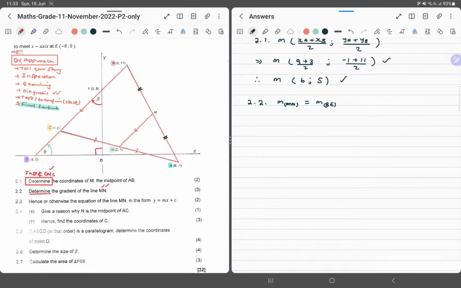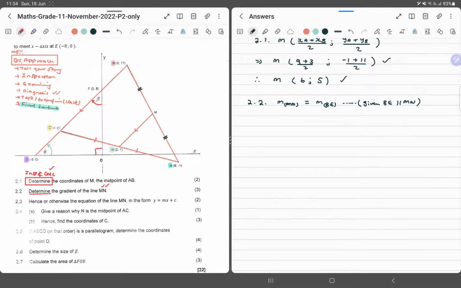Why is that? Always remember, this is geometry. In fact, this is maths. We need to find every possible reason. We know that it is given that EB or BE is parallel to MN.